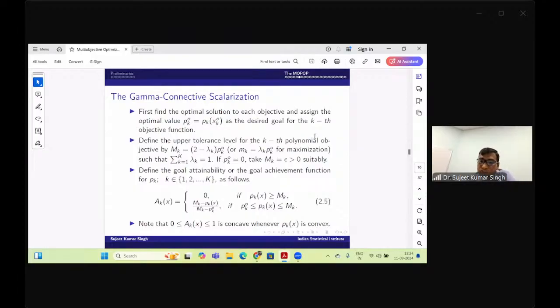We propose a new technique, and we call it the gamma connective oscillation technique. In this method, we solve individual objective polynomials. So we find the optimal solution for each polynomial at a time. If there are 2 or 3 or 4 polynomial objectives, we find those 3 or 4 optimal solutions, and we assign that particular optimal solution as the individual goal, because there can be no better goal than the optimal value itself.